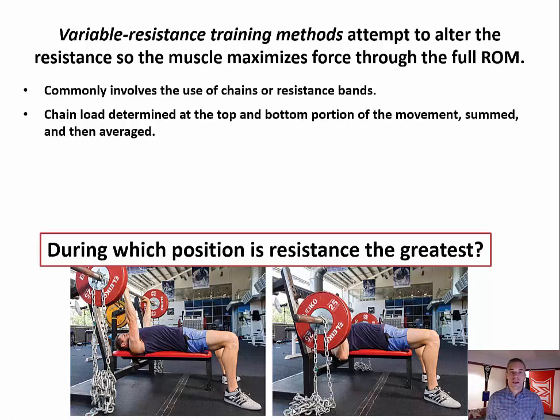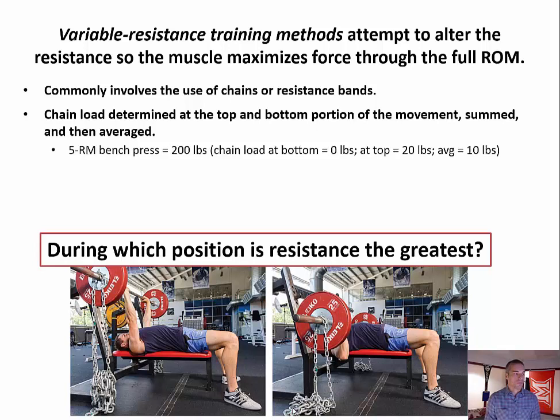When using something like chains as a variable resistance training method, we can easily determine chain load by determining the top and bottom portion of the movement, summing that up, and then averaging to determine chain load.